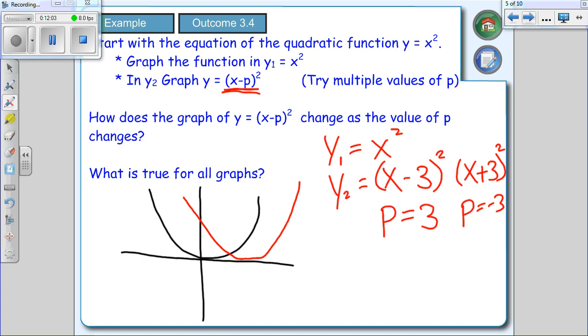Now, if I did another question where it was x plus 3, notice that the sign has switched, so my p-value must have been negative 3. Basically, know that the value is always reversed. If you see minus, it means you're moving to the right. If you see plus, it means you're moving to the left.